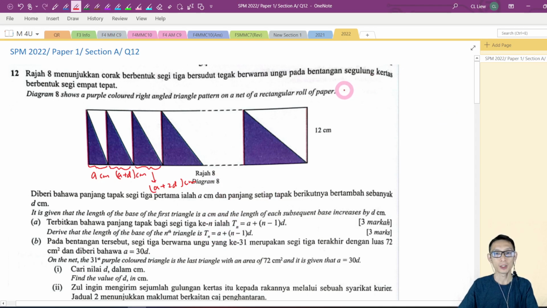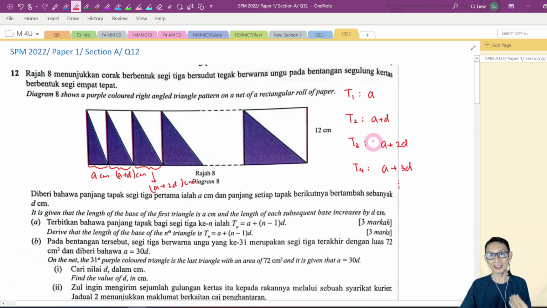Now T1 is a, so T2 is equal to a plus d. T3 is equal to a plus 2d. T4 is a plus 3d, and so on. Now we can see the pattern here.